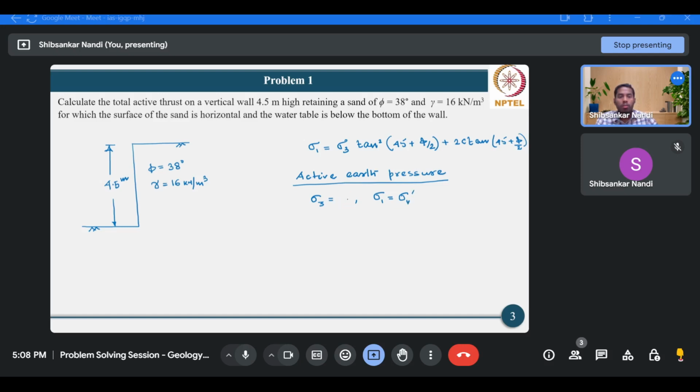So sigma 3 is nothing but the horizontal stress, and sigma 1 is nothing but the effective overburden.